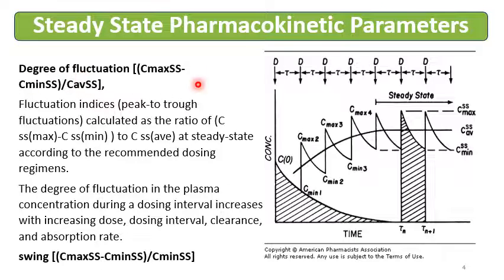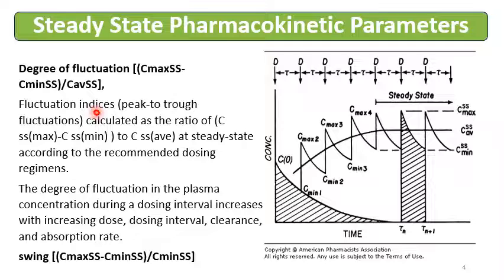Then degree of fluctuation. Degree of fluctuation means how much fluctuation is there in the dosings. That means dosing intervals are there, and how much concentration fluctuation is there along the intervals, that is fluctuation. Now the formula is Cmax SS minus Cmin SS, whatever the maximum concentration minus minimum concentration, divided by average concentration, and all these are at steady state.